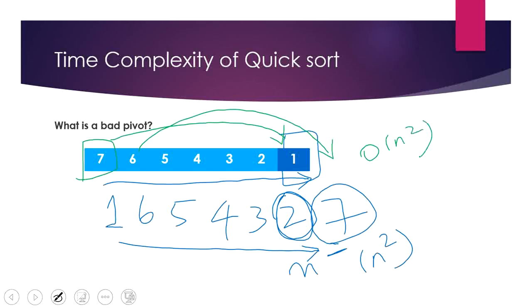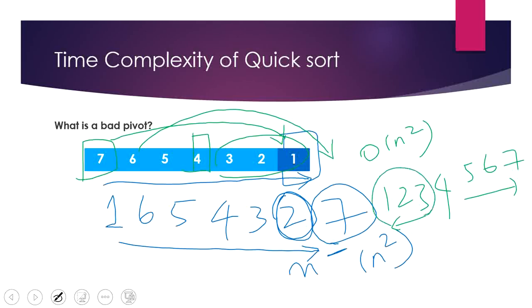Instead, if we are not choosing a bad pivot, if our pivot is a good pivot, in that case we are going to execute this in big O of n log n. So what is a good pivot here? For example, if you choose 4 as your pivot, in one pass it is going to switch all of 1, 2, 3 to the front, 4 will be in the middle, and 5, 6, 7 to the right side.